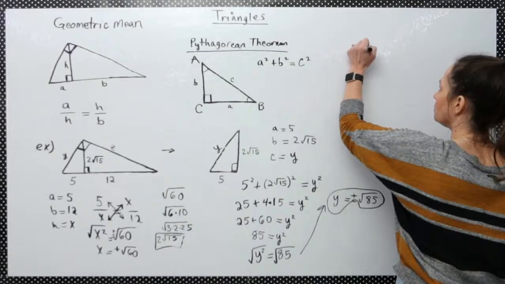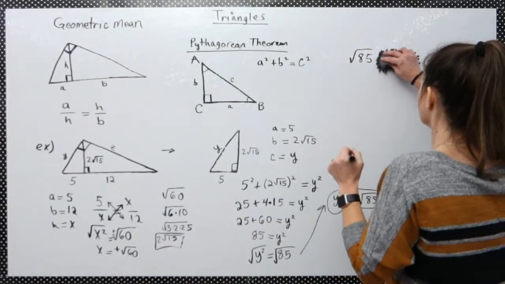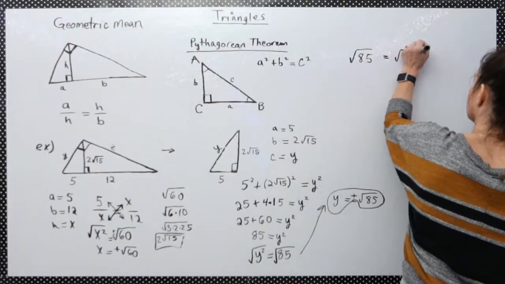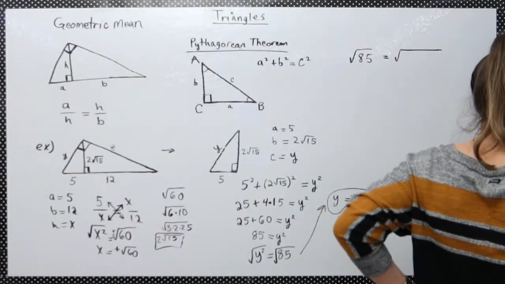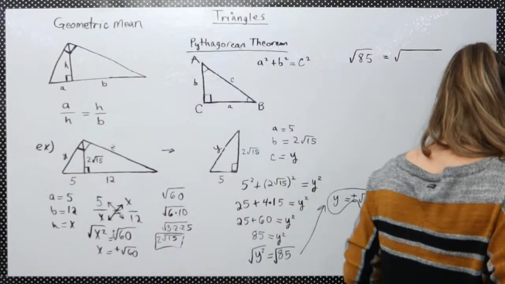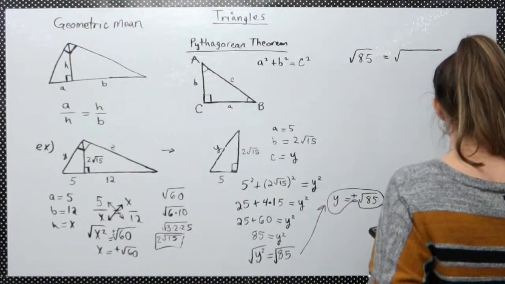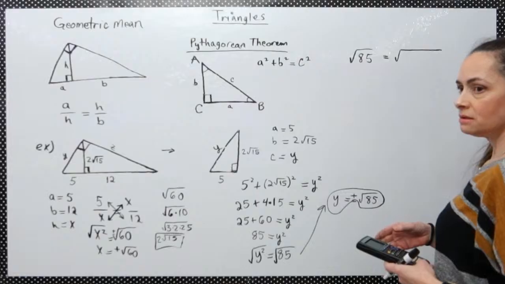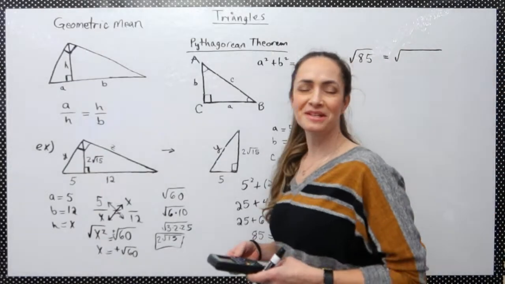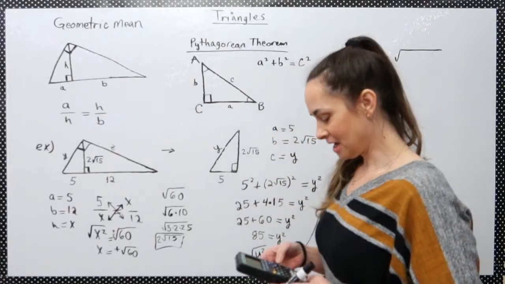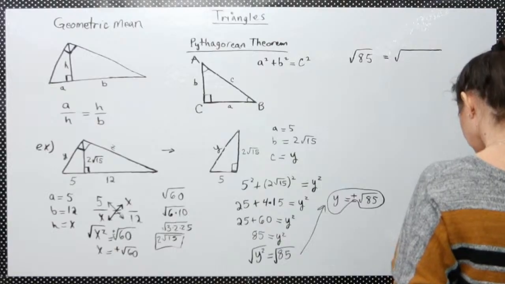So radical 85, you're using the rules for radicals, and everything's staying under the radical, but you're splitting it up into its unique prime factorization. I'm going to first do that just by the method of exhaustion, which is just brute force.